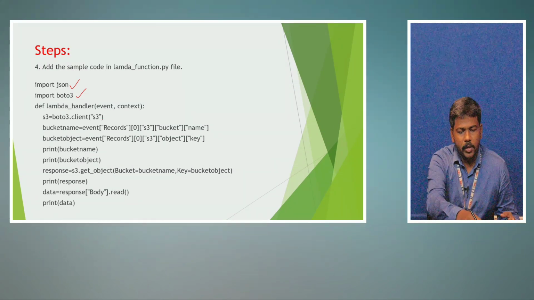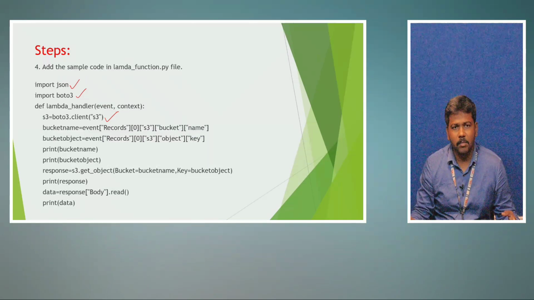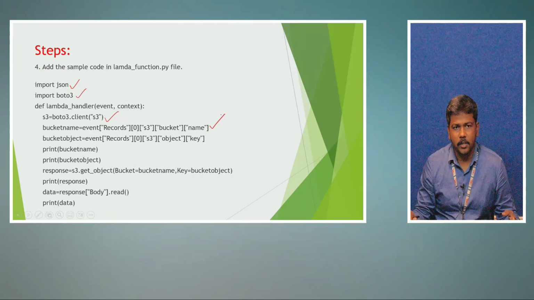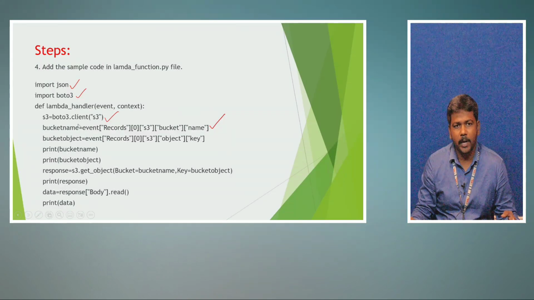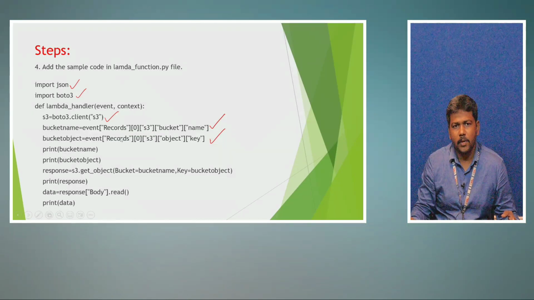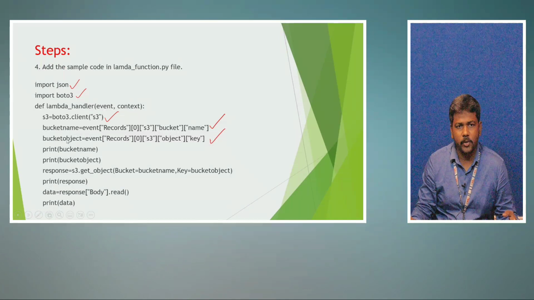Here I am creating one object, that is the S3 client object, with the Boto3 library. These two lines indicate the bucket name, which will be retrieved from the S3 event, and the object file name, which will be used to read the object file.